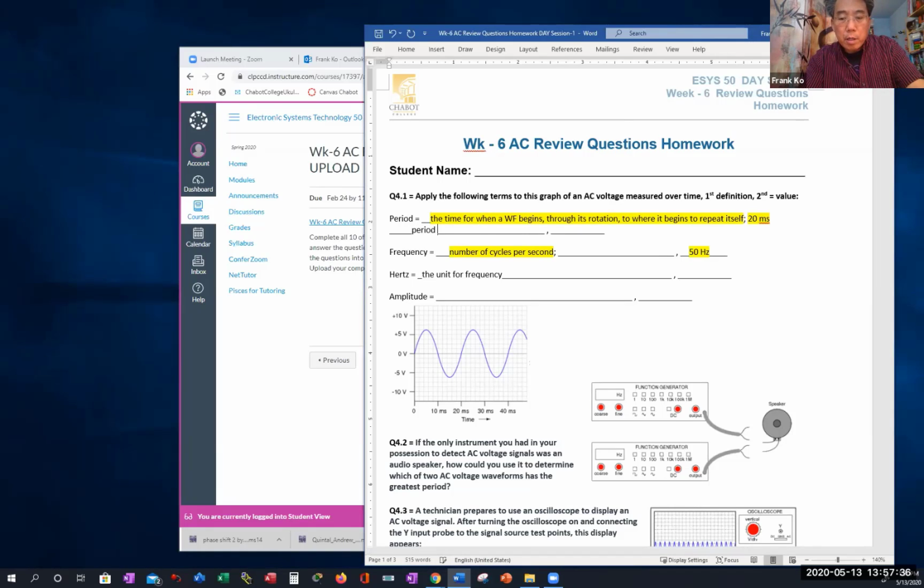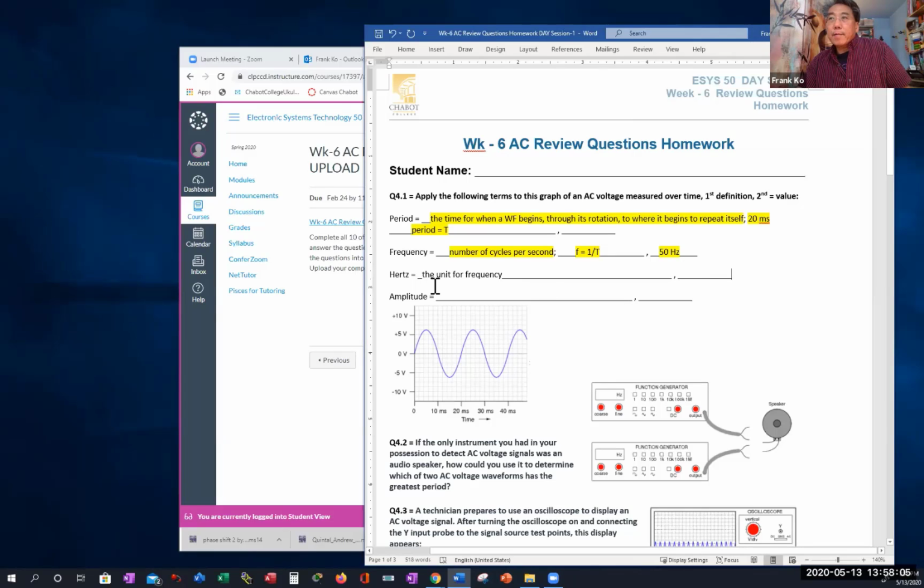Period equals capital T, because that is the symbol for period. And so here on this line, you could say lowercase f is equal to 1 over capital T. It's equal to the reciprocal of the period. And that's how you would calculate the frequency at 50 Hertz, because it would be 1 over 20 milli.